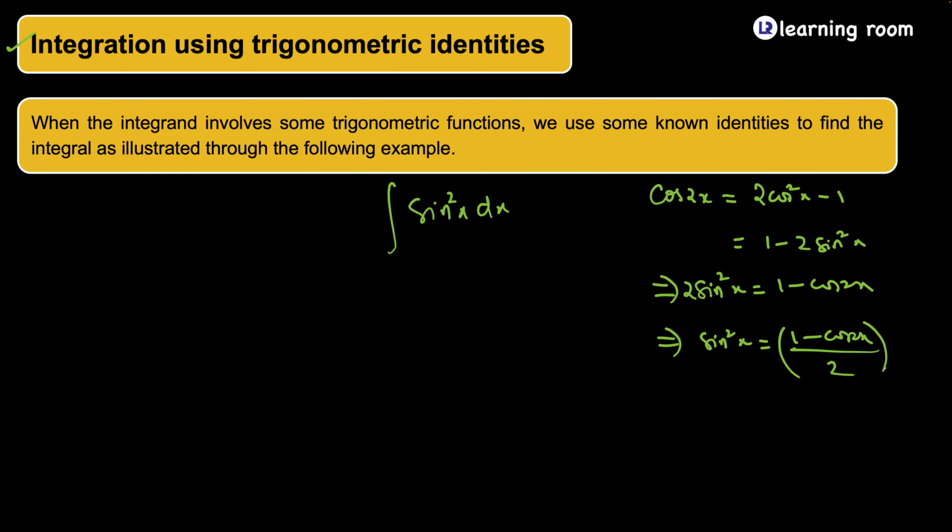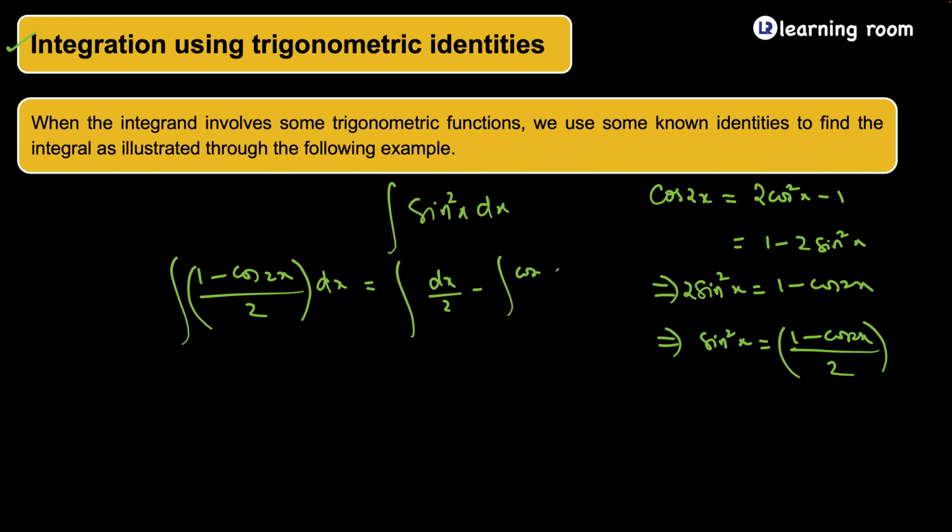So integral of sine square x can be written as 1 minus cos 2x divided by 2 times dx. This will be equal to integral of dx by 2 minus integral of cos 2x dx the whole divided by 2. So what will the answer be? This will be equal to x by 2 minus 1 by 4 times sine 2x plus c. This will be the answer.